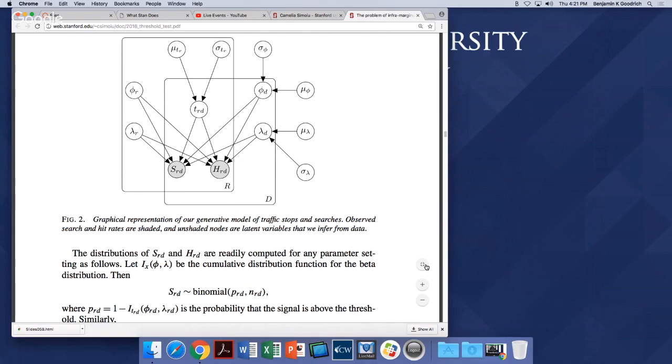You could certainly elaborate a more detailed model that would maybe try to explain why the thresholds are different systematically in rural areas than in urban areas or something like that. Here, the explanation is that all the counties just kind of randomly differ from the North Carolina average.